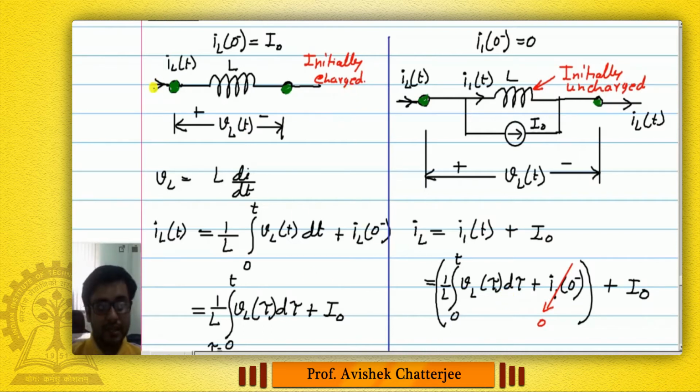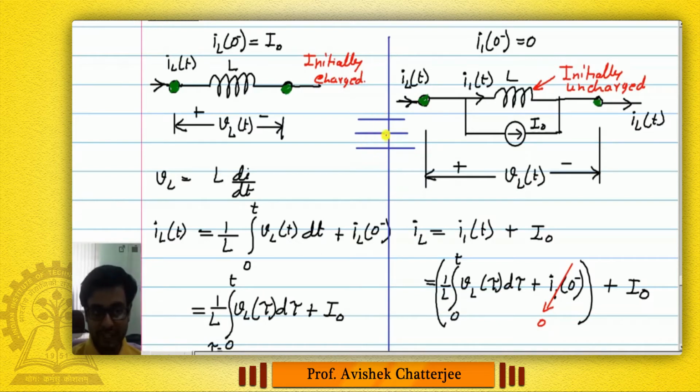So the relation between outside current and outside voltage here and here is the same, but inside the components are different. From outside I cannot distinguish what is there inside. So therefore these two circuits are equivalent.